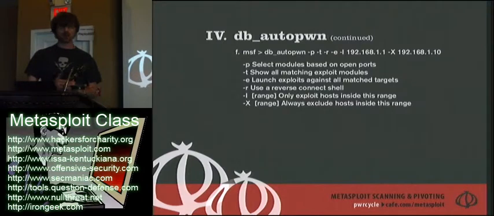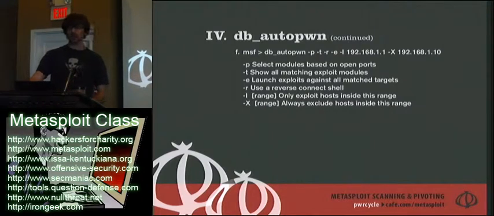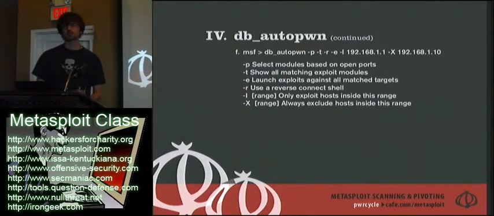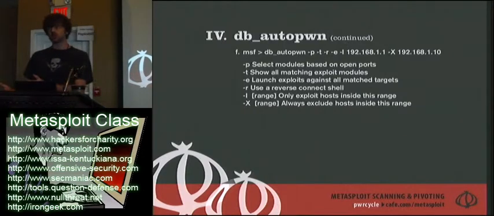If you have a database of 100 hosts and you don't specify an IP address, it will try to exploit every single host in your database. If your own host happens to be in there, you can specify -x to exclude that particular IP.